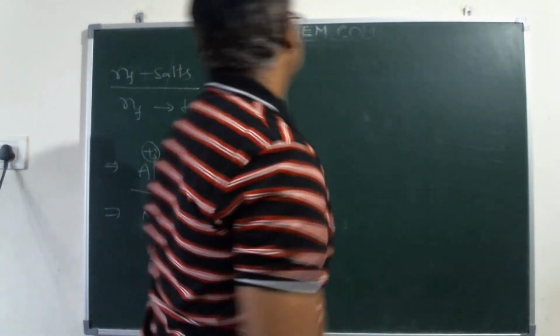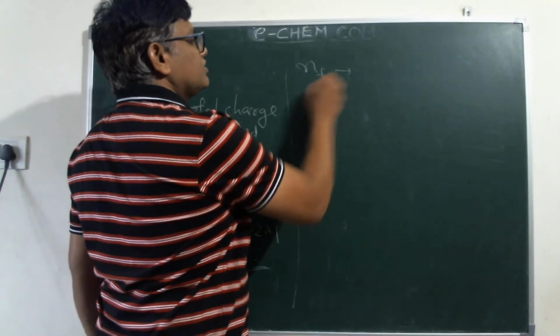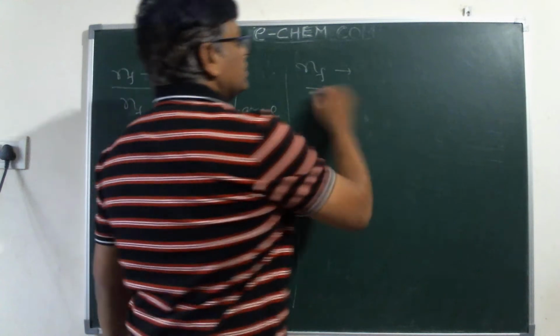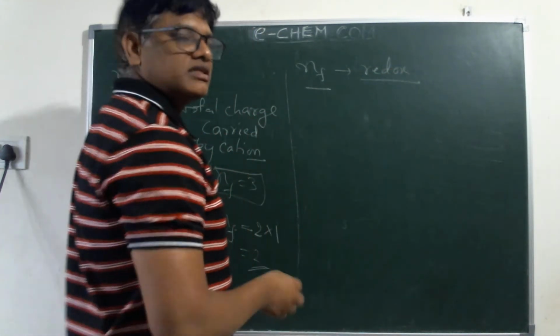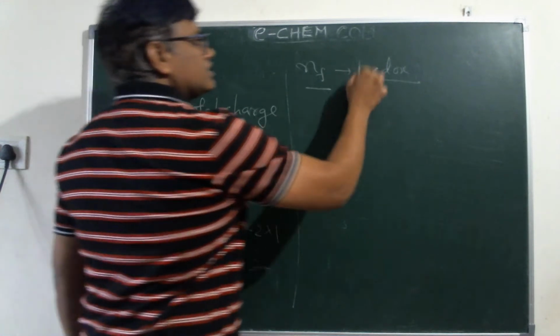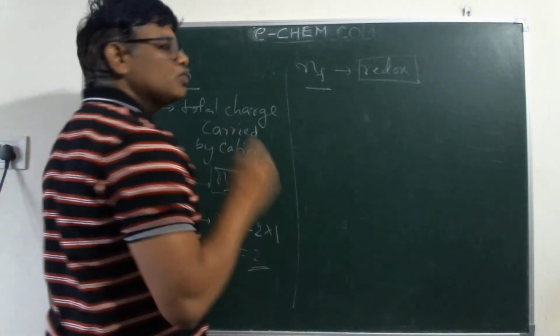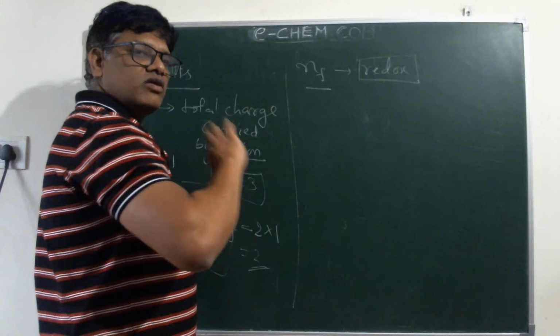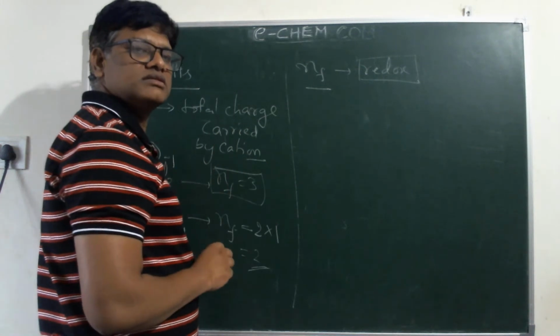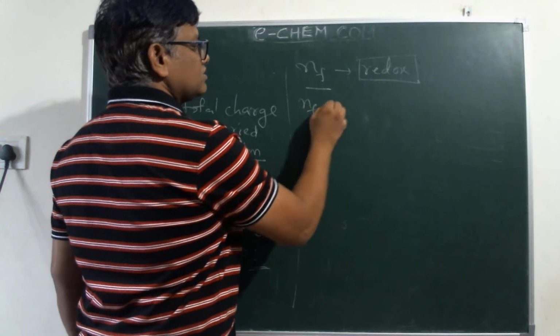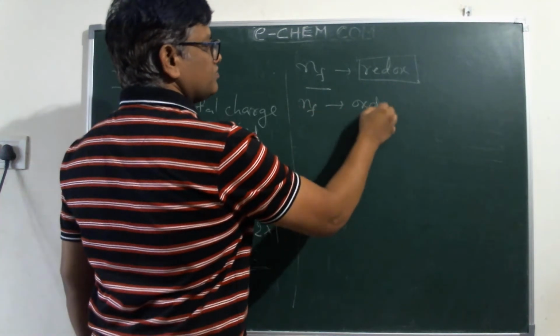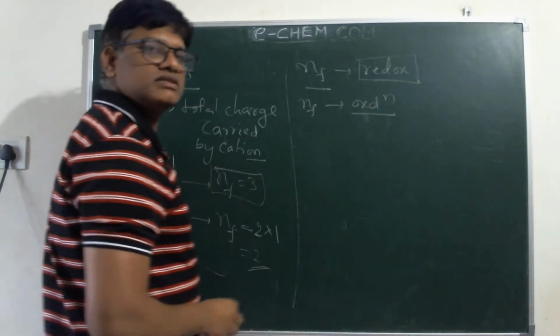Now let's discuss the n factor calculation for redox reactions. Redox reactions consist of 2 half reactions, one is oxidation and another one is reduction. Let's go for the n factor calculation for oxidations.